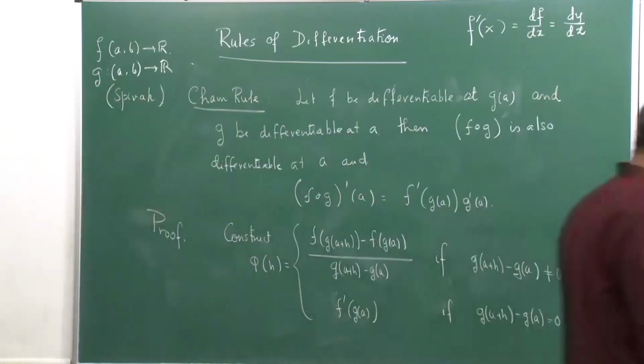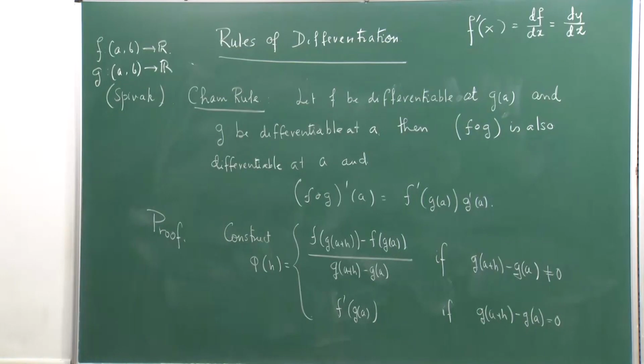The next step that we will use is trying to prove the continuity of the function phi. You can easily prove that it is continuous at the point 0 when h goes to 0, because that is what we have to check.